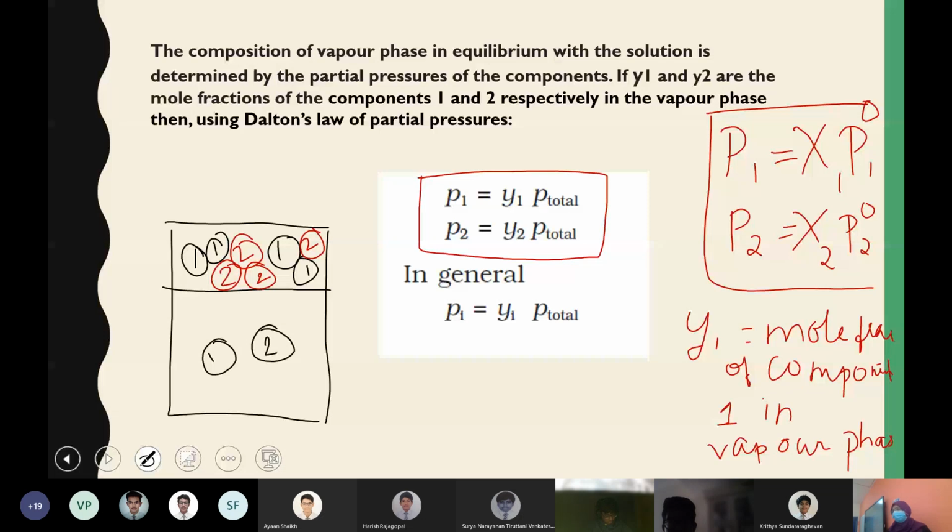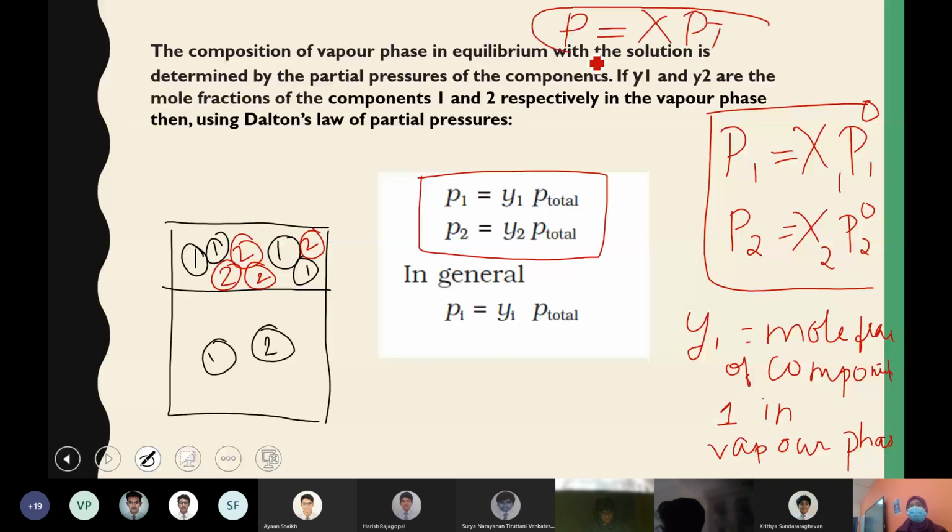This is the equation of Dalton's law we discussed last year. Partial pressure of the first component equals mole fraction multiplied by total pressure. Similarly, the partial pressure of the second component equals mole fraction multiplied by total pressure. So the equation is: partial pressure is equal to chi into P total.